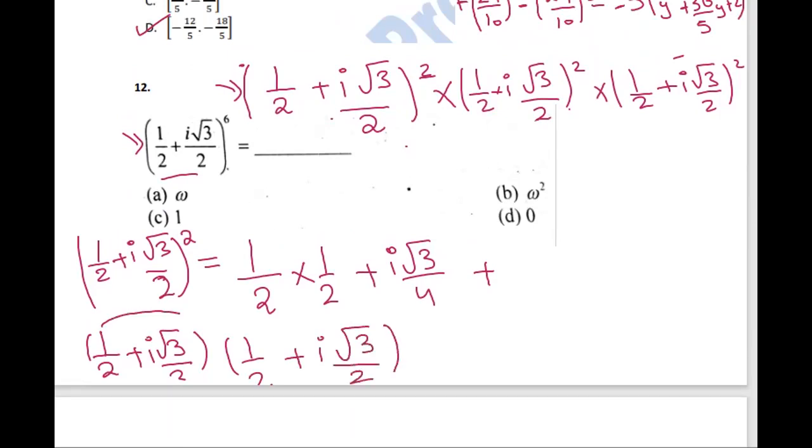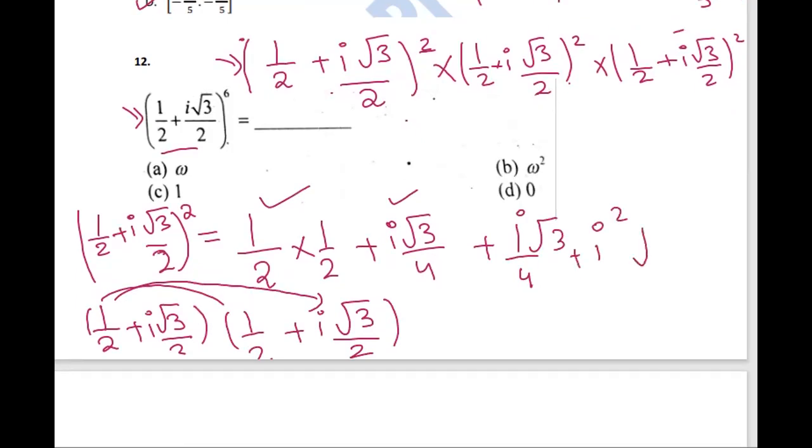Okay, so 1 by 2 into 1 by 2 is this, then 1 by 2 into this part is this, plus again we will get 1 by 4 iota under root 3, and then we will have plus iota square under root 3 square by 4.